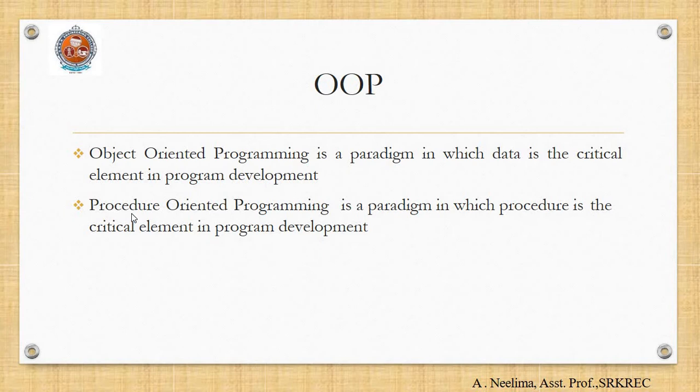Procedure-oriented programming is a paradigm in which procedure is the critical element in program development. In procedure-oriented programming, the procedure or algorithm is the main element. After writing the algorithm or a flowchart, the programmers write the code.